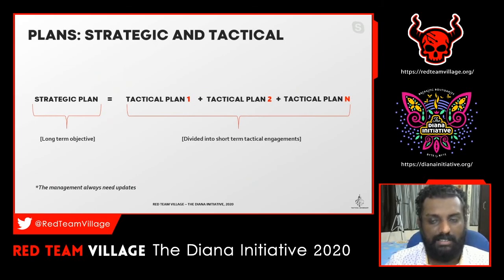You can set that as a strategic plan, a long-term objective, and use phase 1 to phase 5 to create tactical plans and move step by step. That is the point of creating these 5 phases of internal red team operations.